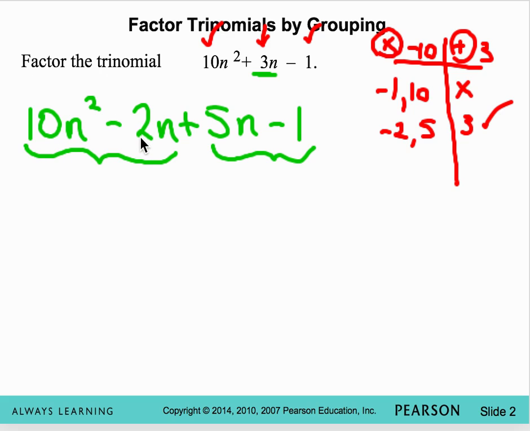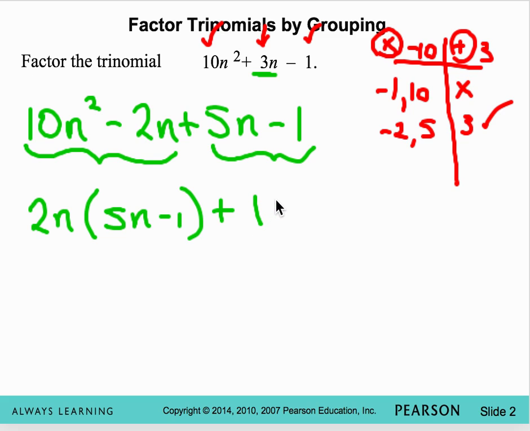Okay, I can take out a 2n from the first ones, and so that leaves 5n minus 1. Plus sign, so no worries. Oh, these don't have anything in common. If there's nothing else, don't forget there's always a 1, right?